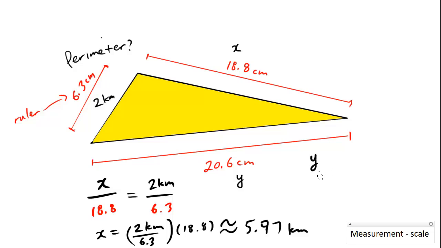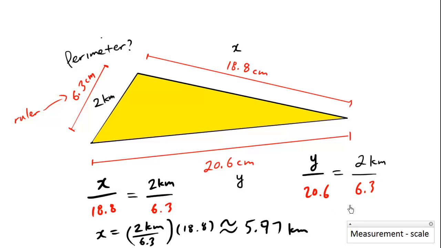So in the same way we can solve for y. We're going to say y over 20.6 is equal to, and these are the two values we have: the black measurement, which is 2 kilometers, over the ruler measurement, which is 6.3.